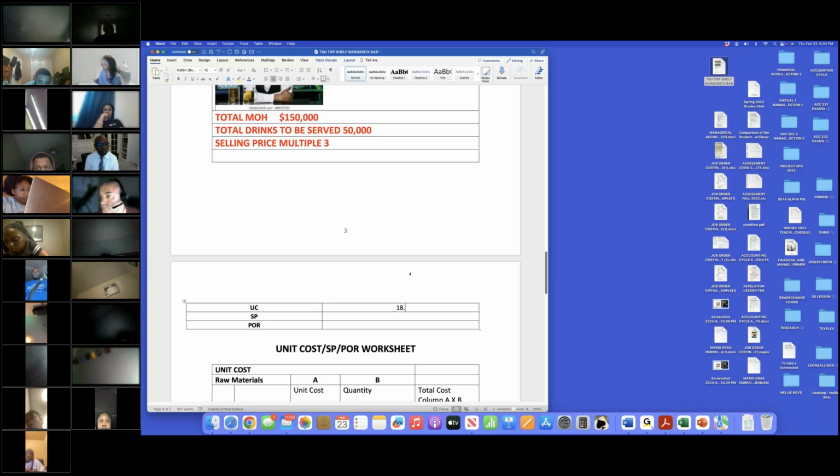Selling price was 3, so what's this margarita gonna cost? $54.60. What's our POR gonna be? 300. Okay.